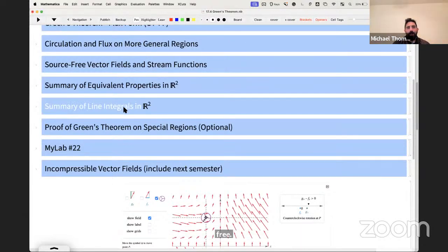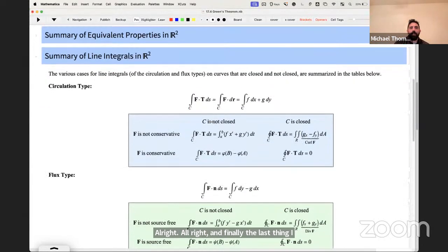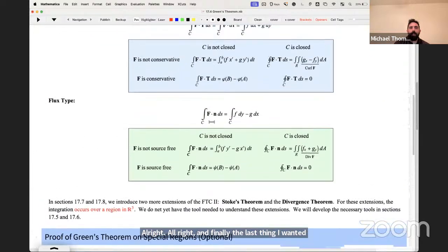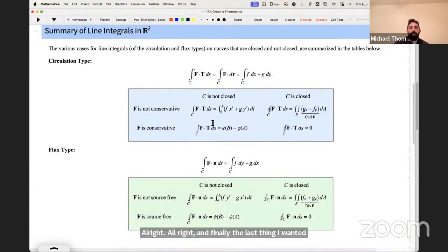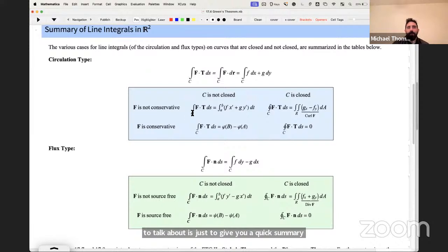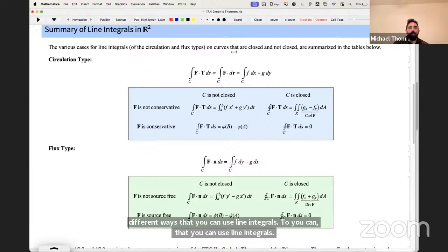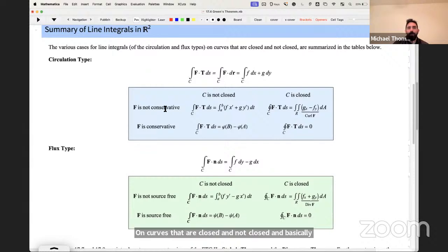All right, and finally, the last thing I wanted to talk about is a quick summary of the different ways that you can use line integrals, on curves that are closed and not closed, and basically whether a vector field is conservative or not. So let's go through the circulation type.